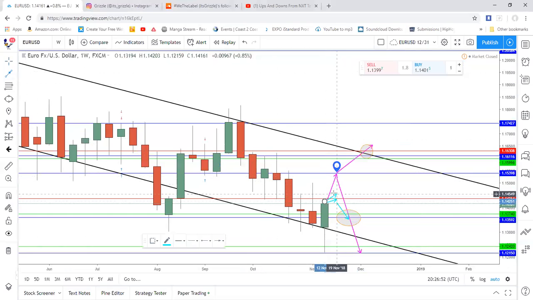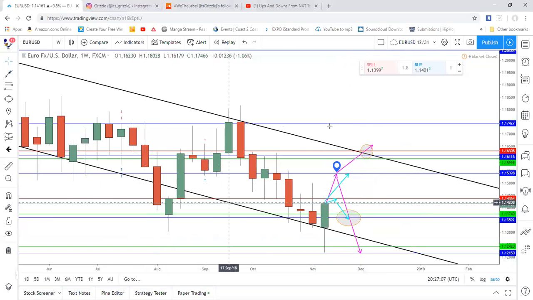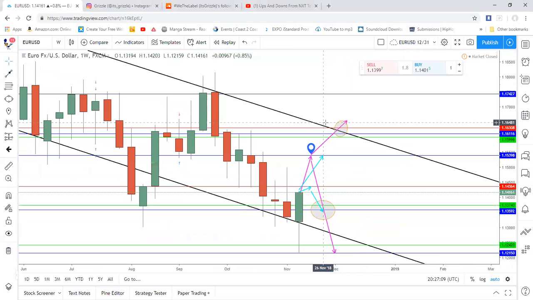If it actually breaks above this area and then goes down, I'm going to have this be my take profit. Okay, so yeah, that's just my little analysis for the Euro USD chart.